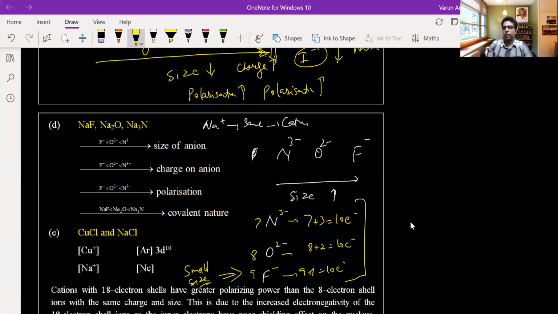So F minus will have smaller size and N3 minus will have bigger size. So from nitrogen to fluorine, the size is decreasing.